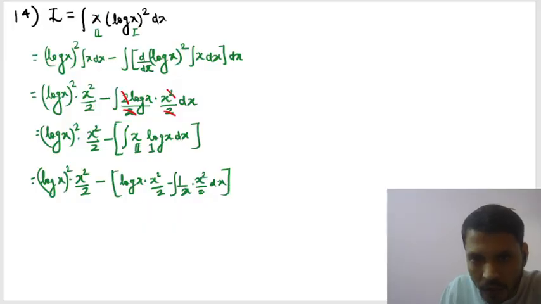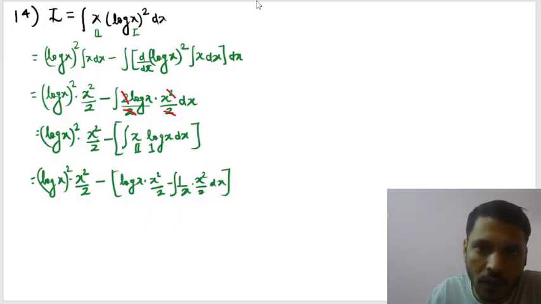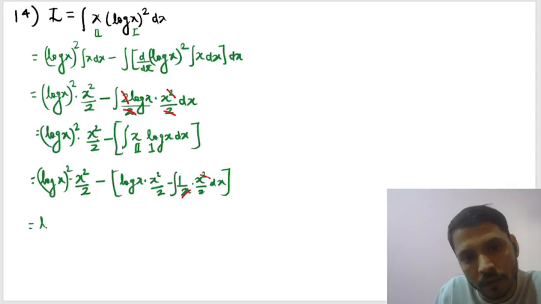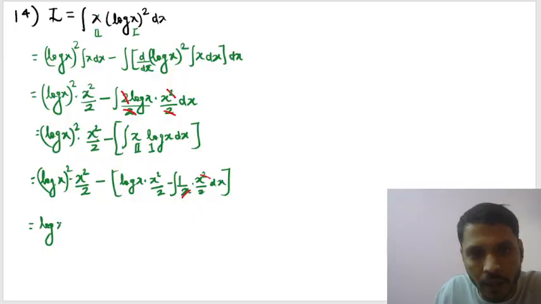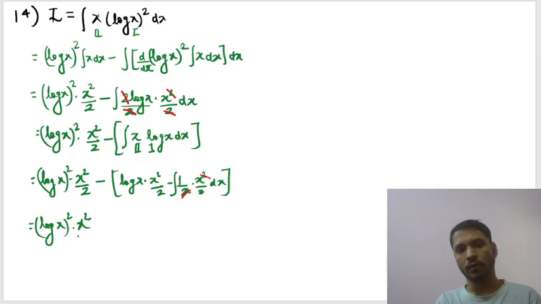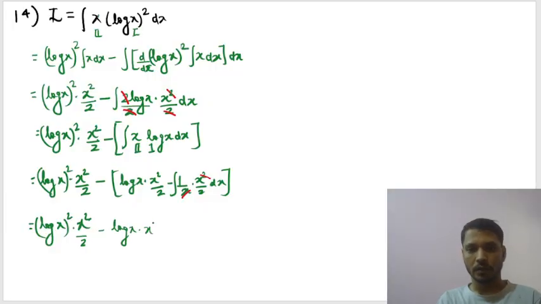All right, now here this x and x square will get cancelled out, meaning the power will reduce. Finally, this will become log x whole square into x square by 2, and minus 1 by 2 will come outside, and the integration of x is again x square by 2.